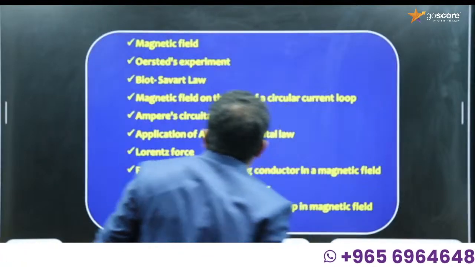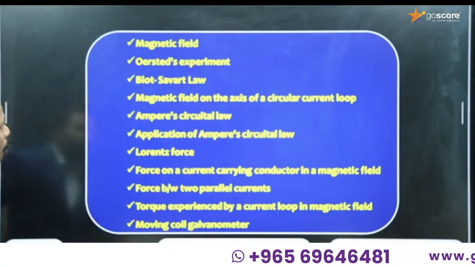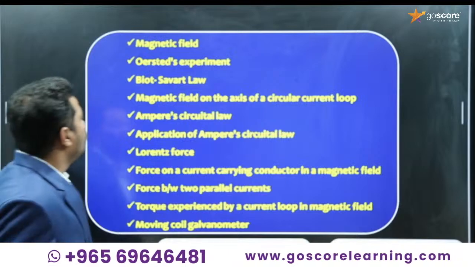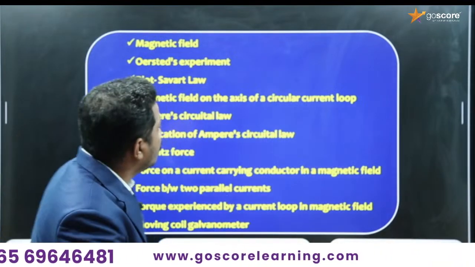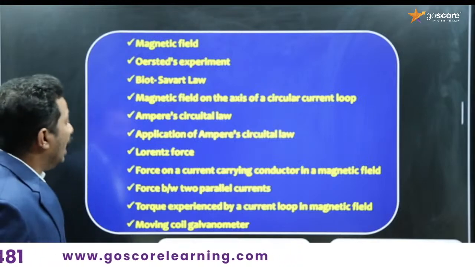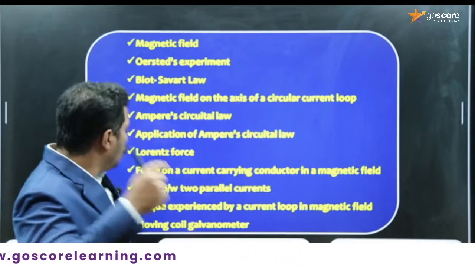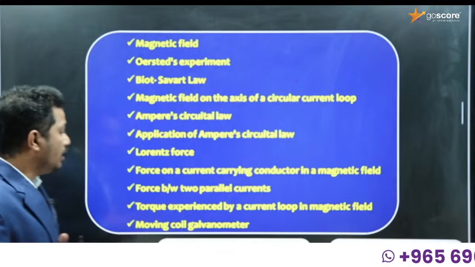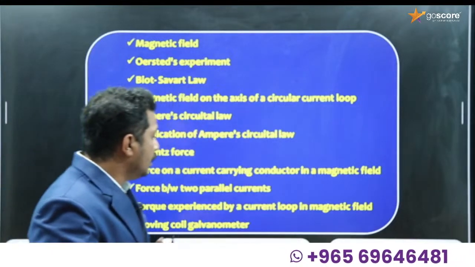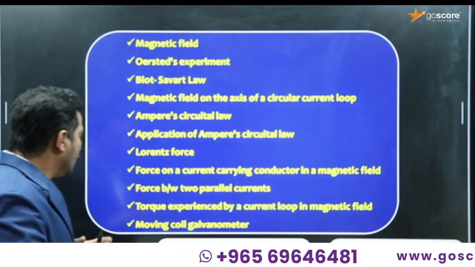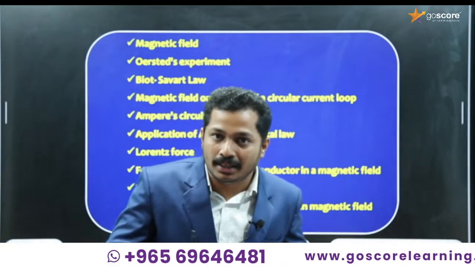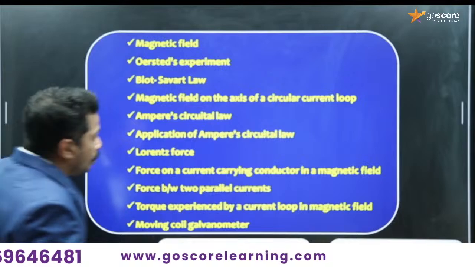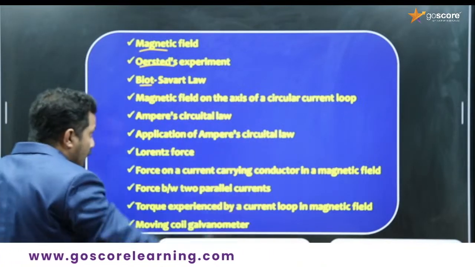The topics to be covered in this chapter are: magnetic field, Oersted's experiment, Biot-Savart law, magnetic field on the axis of a circular current loop, Ampere's circuital law, applications of Ampere's circuital law, Lorentz force, force on a current carrying conductor in a magnetic field, force between 2 parallel currents, torque experienced by a current loop placed in a uniform magnetic field, and the last one, moving coil galvanometer and its conversion into a voltmeter and ammeter. I will be discussing the first 4 topics in this chapter.